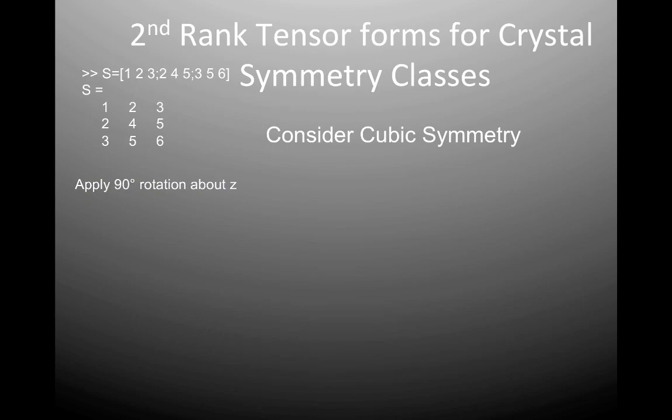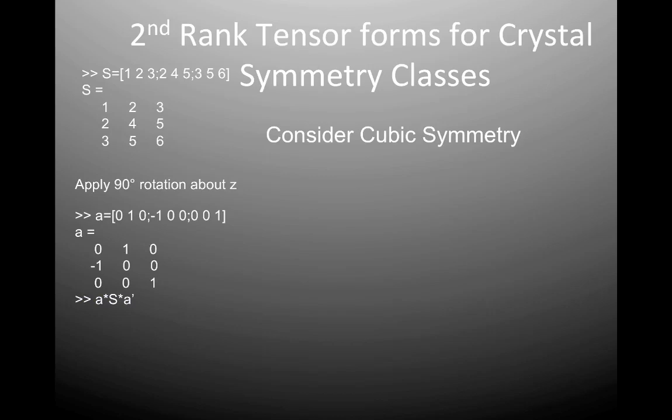Now I can apply a 90-degree rotation about the z-axis to my conductivity matrix, and after I do that I should obtain a matrix that looks just the same as the original if it is in the cubic class. So here's the appropriate 90-degree rotation.